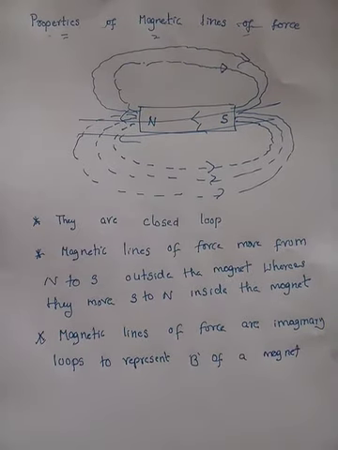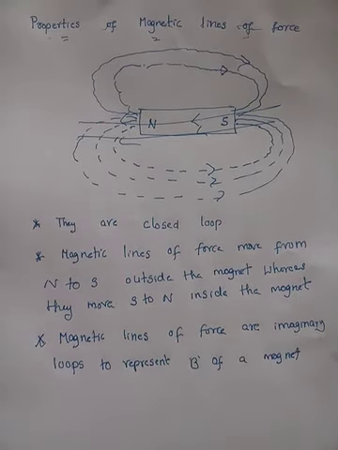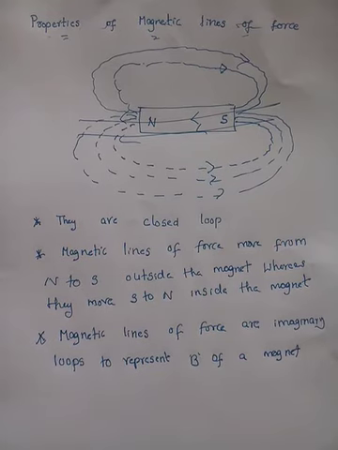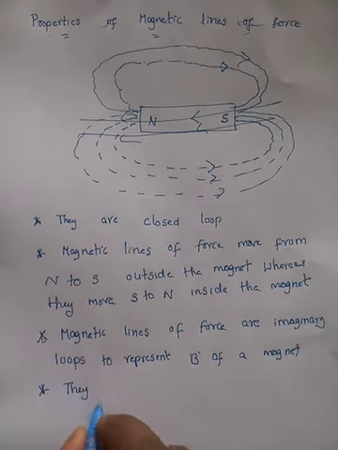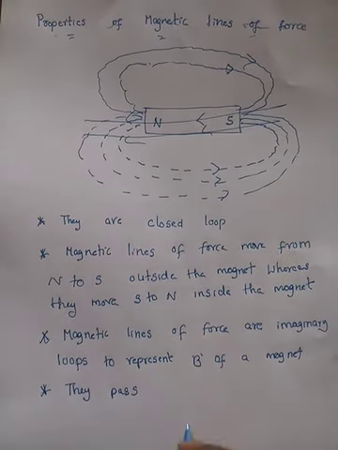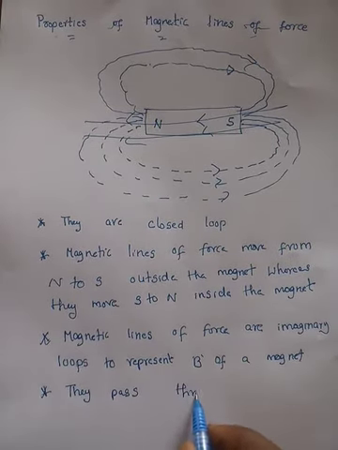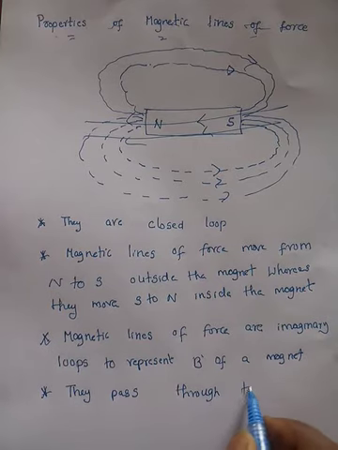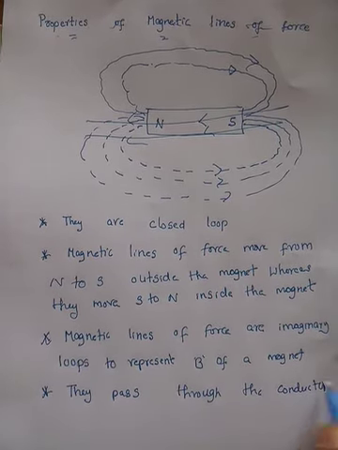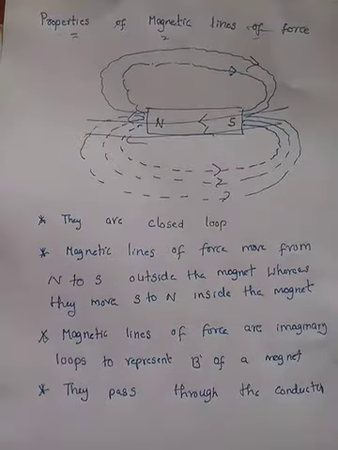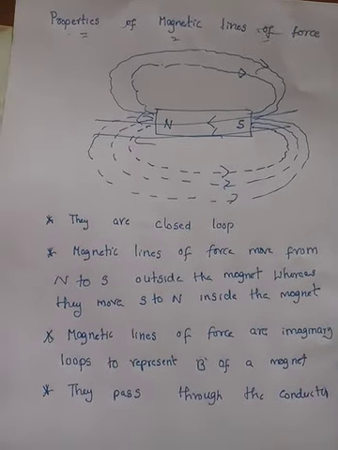Similarly, no two lines of force intersect each other. They pass through the conductor. That is one more difference: they pass through the conductor, whereas electric lines of force do not pass through the conductor. Remaining all are the same. What is that? A tangent drawn at a point gives the direction of the magnetic field at that point, is it right?